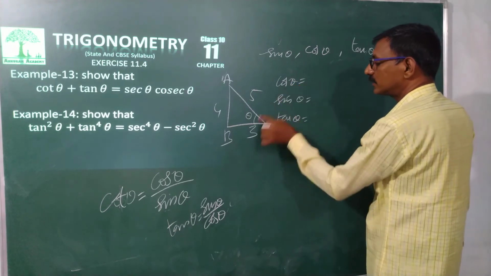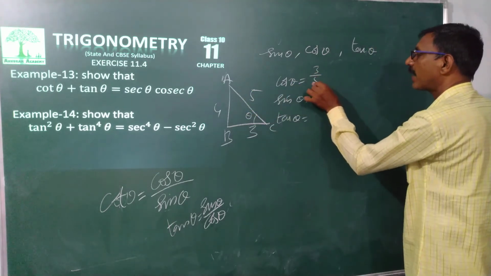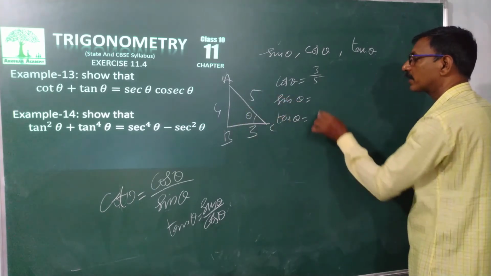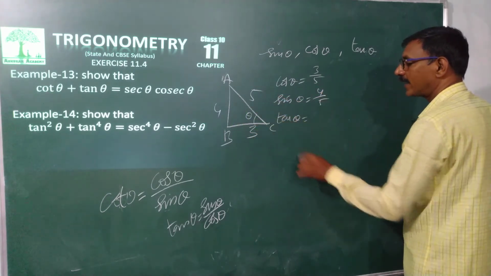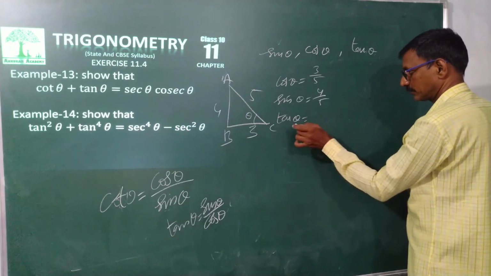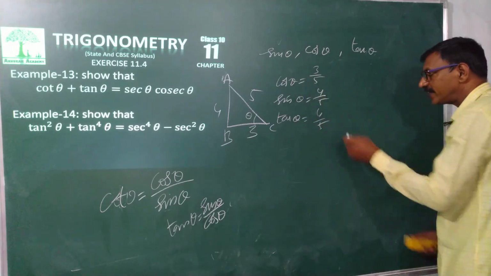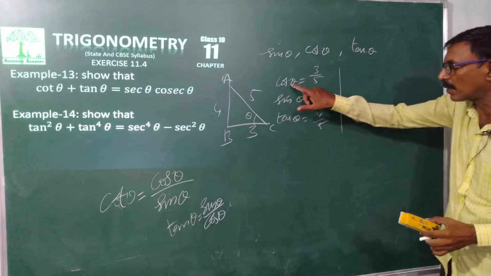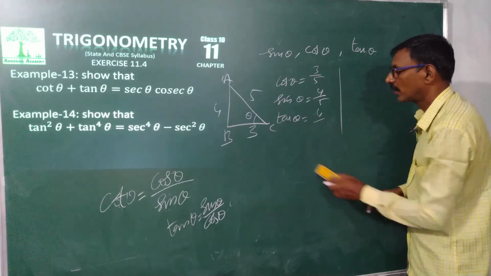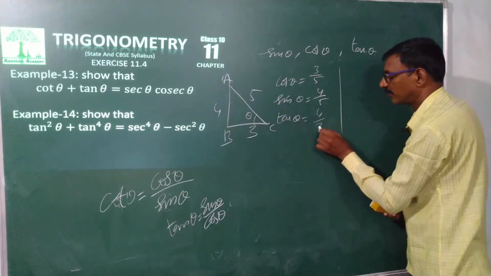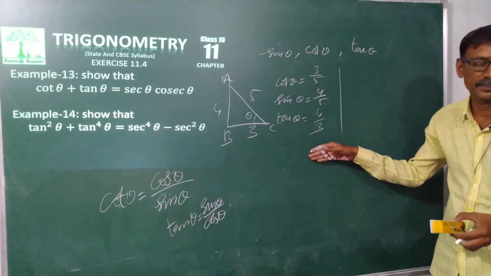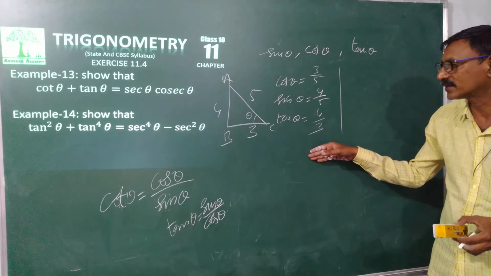First, cos is adjacent side by hypotenuse, 3 by 5, and sin is opposite side by hypotenuse, 4 by 5, and tan is opposite by adjacent, 4 by 3. So these are the inverse ratios of sin, cos, tan.